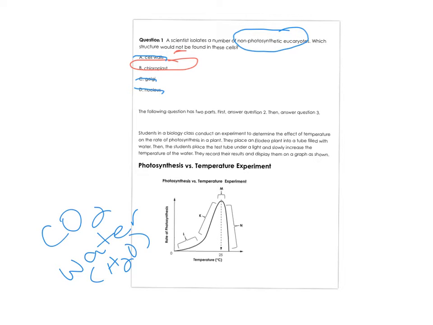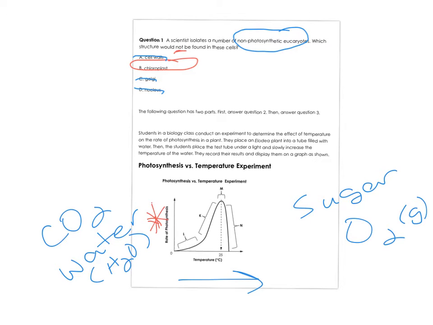And on this side, after you're done with photosynthesis, you have sugar and you have oxygen gas, right? Where would you expect to see most of your CO2? Over here before you start doing photosynthesis. So the L region is where you'd expect to see the most CO2.